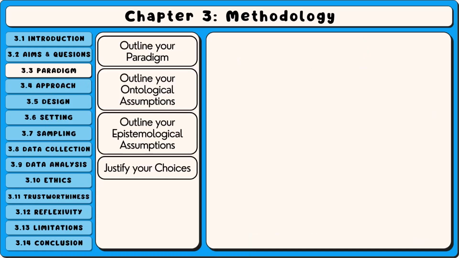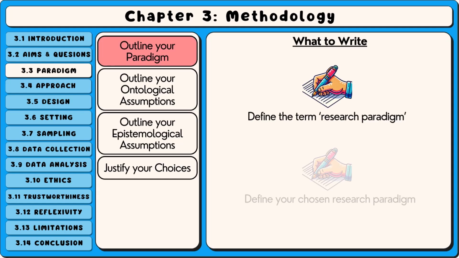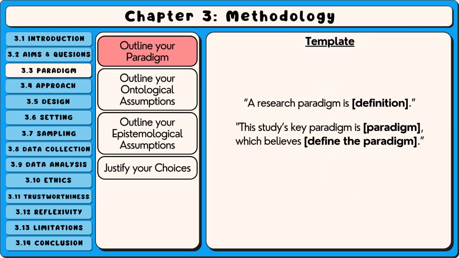Okay, with that brief orientation out of the way, we're going to explore how to write the paradigm section. Firstly, you will start section 3.3 by defining the term research paradigm, then introducing your chosen research paradigm. Here's a template. A research paradigm is, and then insert your definition. One key paradigm is, and then insert the paradigm that you've chosen, which believes, and then briefly define that chosen paradigm.